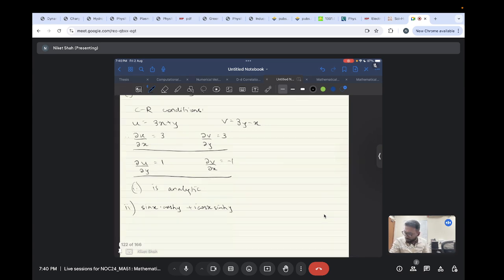Okay, so this is my function. The u part is clearly defined. It's sin x into cos y.